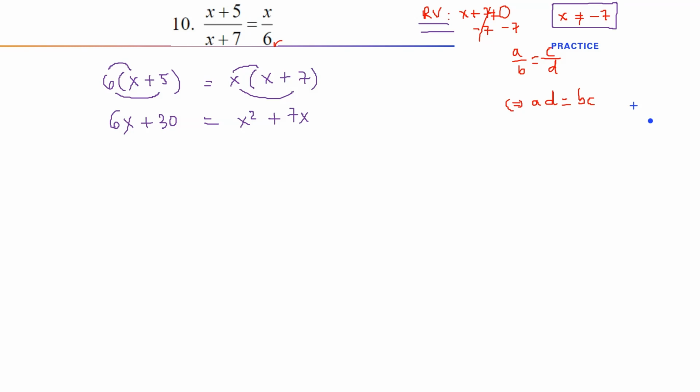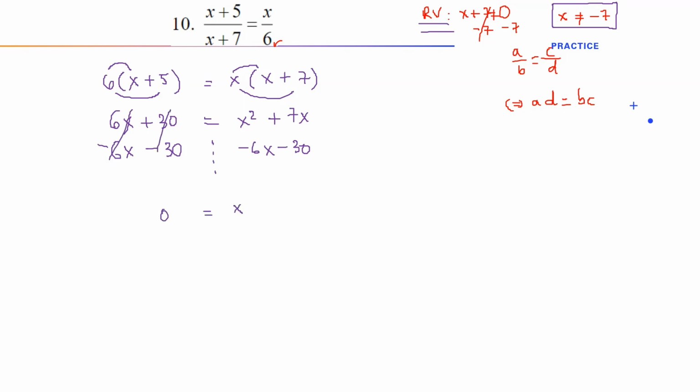Now we see that the highest degree is x squared. It means we have a quadratic equation. So we would like to move all of the terms to one side. I will move to the right hand side and switch the side. So that will be easier. Subtract 6x, subtract 30, both sides. Alright, now the left hand side is 0.